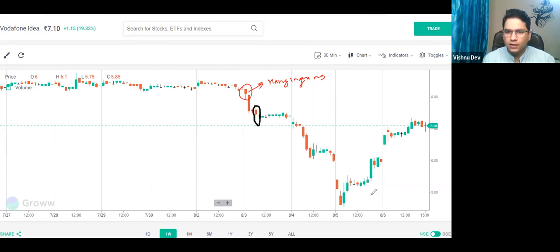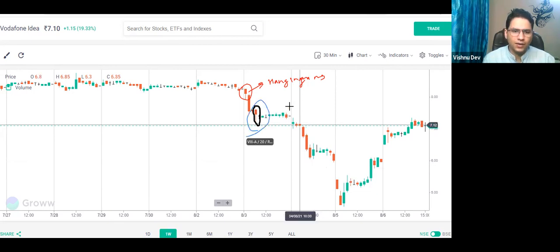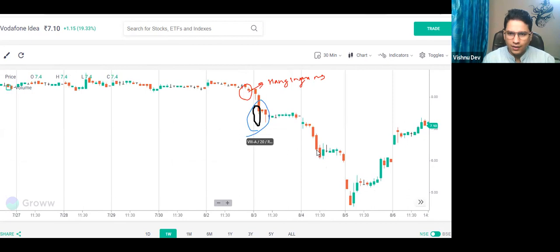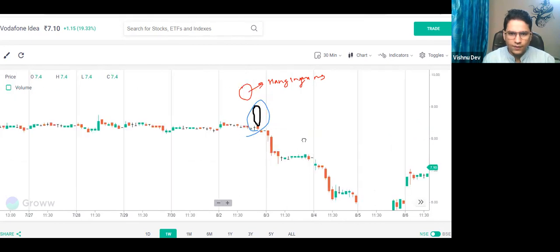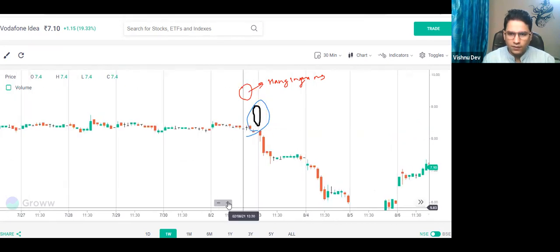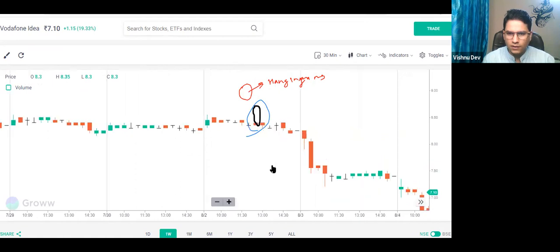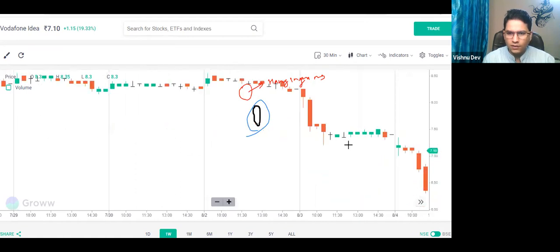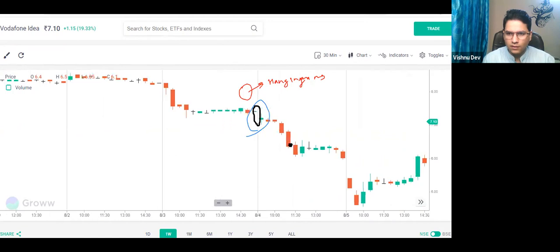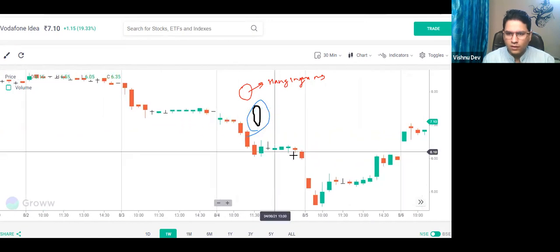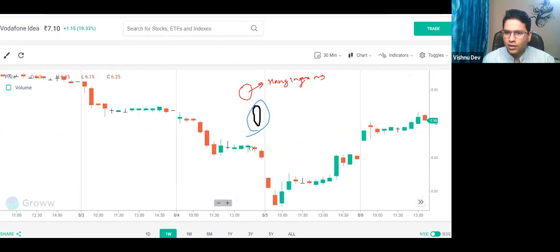It is at the end of a downtrend, but the wick here is very small, that is why it is not exactly a hammer. What if it is in the middle?